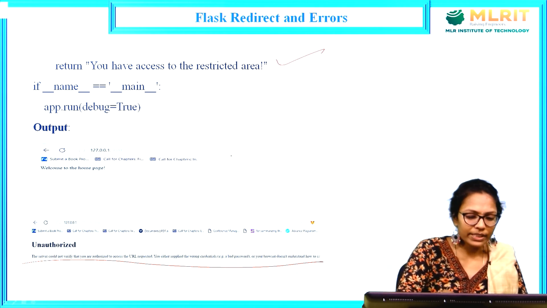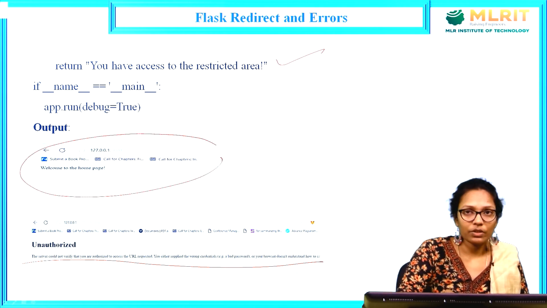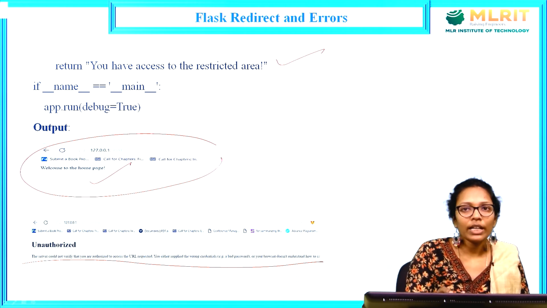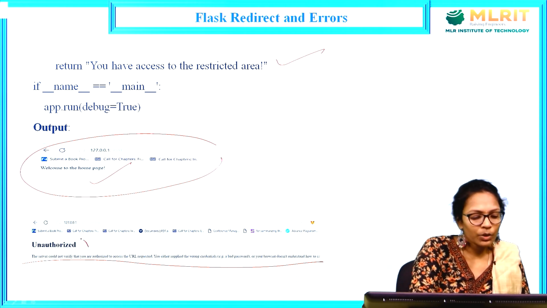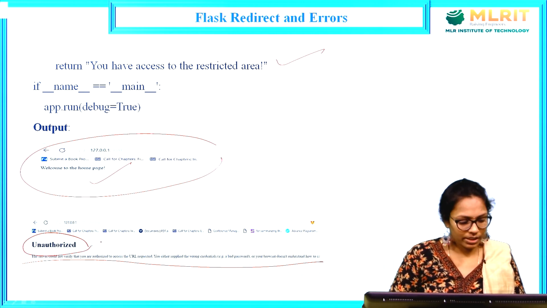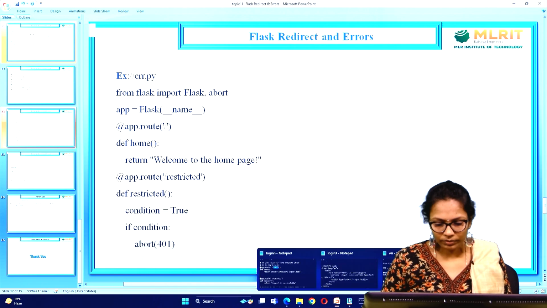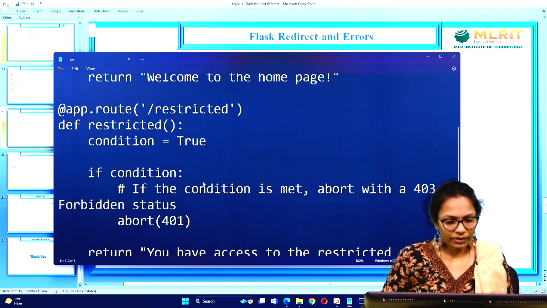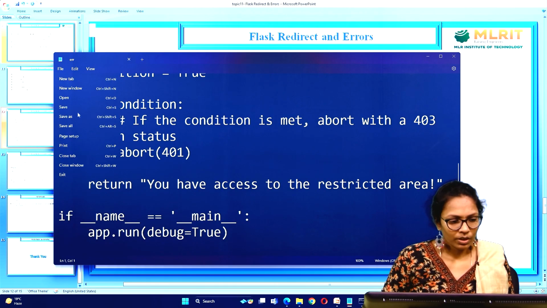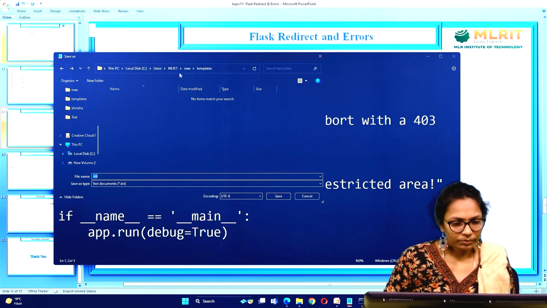If it is a successful login, for the default route, you will get "welcome to the home page". And if you are entering into the restricted area, then you will get this message, unauthorized. We'll try to execute this. So this is the error file, and I'm just saving it in the new folder.